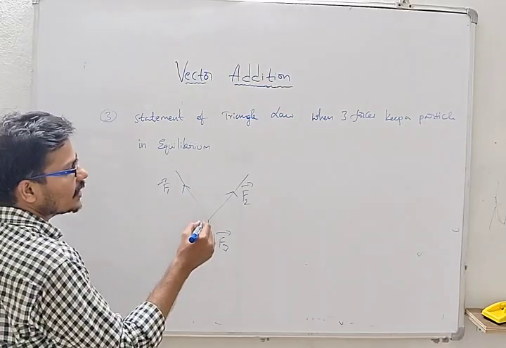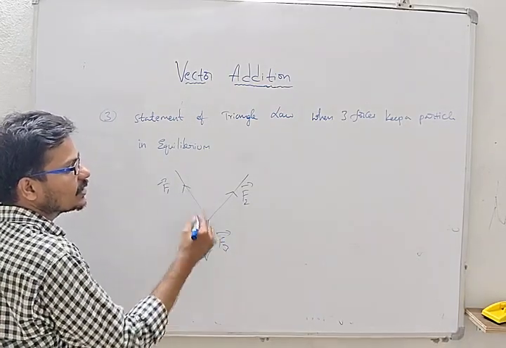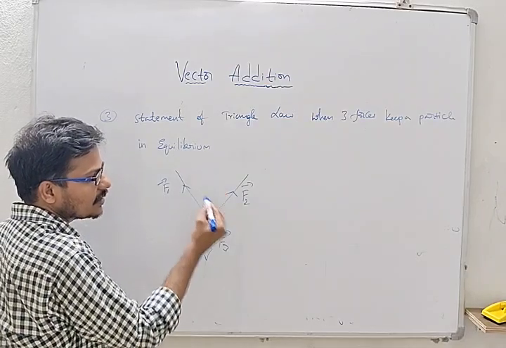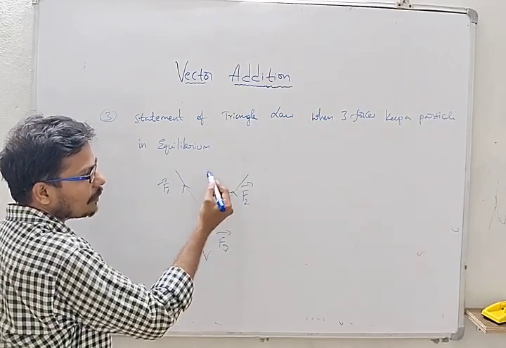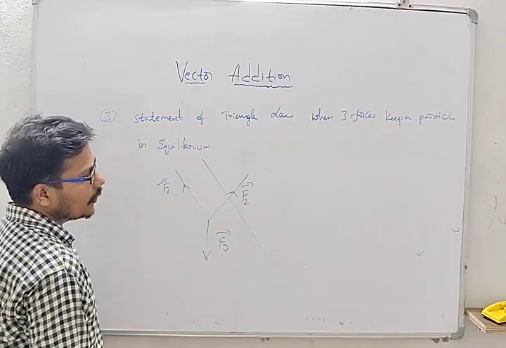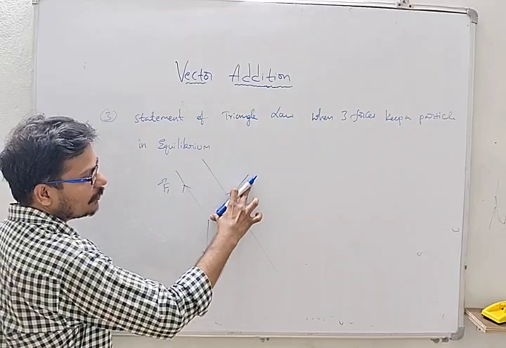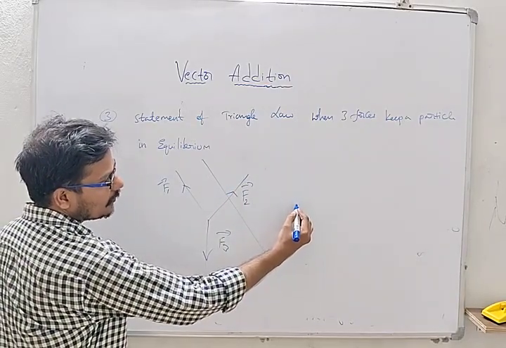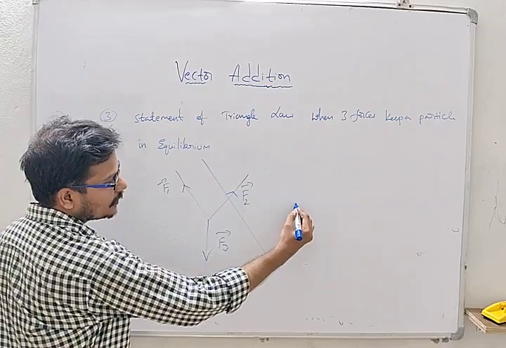See here. For example, force acting in this direction is F1. So draw a parallel line for this F1 force, like this. Now draw a parallel line for F2, like this.